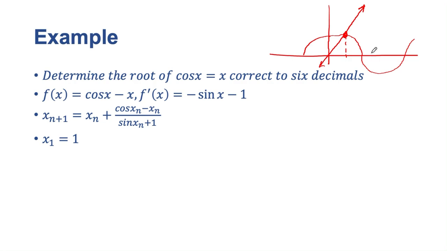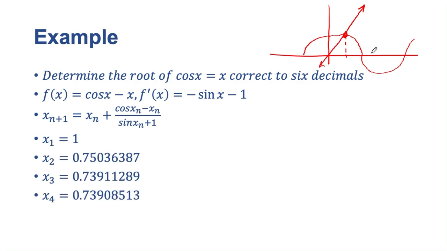So if we keep plugging in through the formula, we are going to start converging as we get closer and closer, and we can actually see that we're converging so much that our calculator is going to spit out very similar, identical x of 4 and x of 5s. And that's how we know that we're convergent.